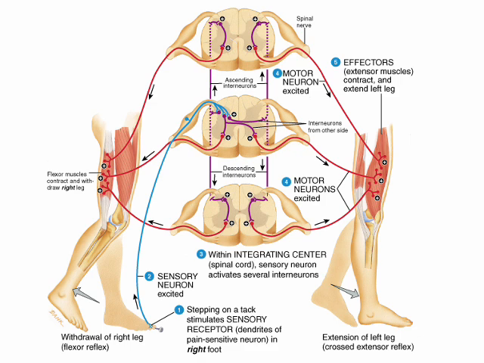This is the flexor. Ideally, your pain leg would be flexed off of that particular stimulus, and your opposite leg would extend as it is keeping you from falling down. Flexor, cross extensor. That was a fun lesson.